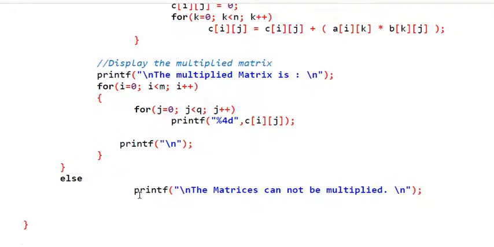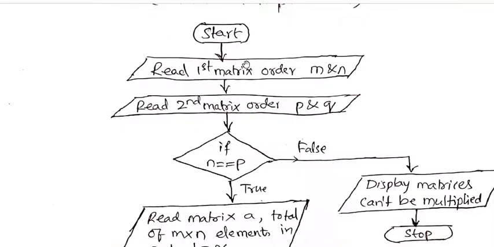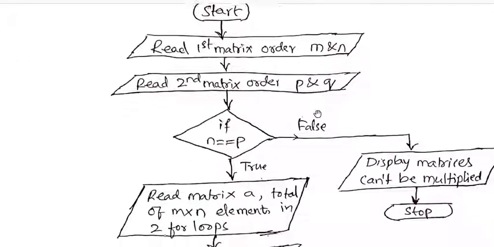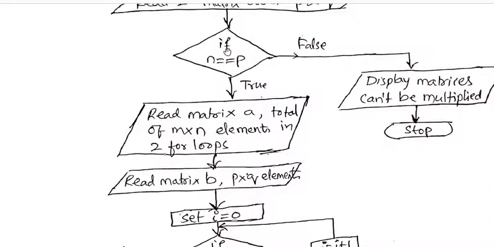So we will start with the same program. So this is the start. After that, read the first matrix order m into n. Then we read the second matrix order p into q, and the first condition we check is if n is equal to p, that is, the number of columns of the first matrix is equal to the number of rows of the second.